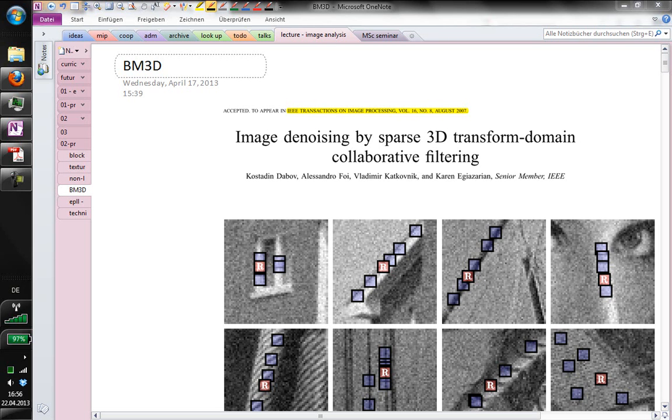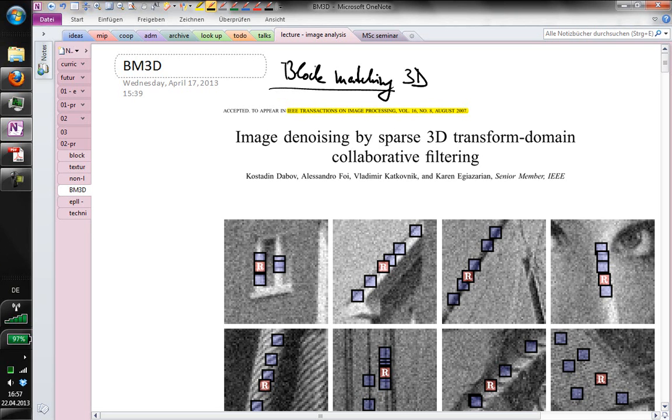So I want to come to a method published in 2007 and a bit earlier at the conference, which is called BM3D, for block matching 3D. And you see the block matching that we talked about today again finds its place here.